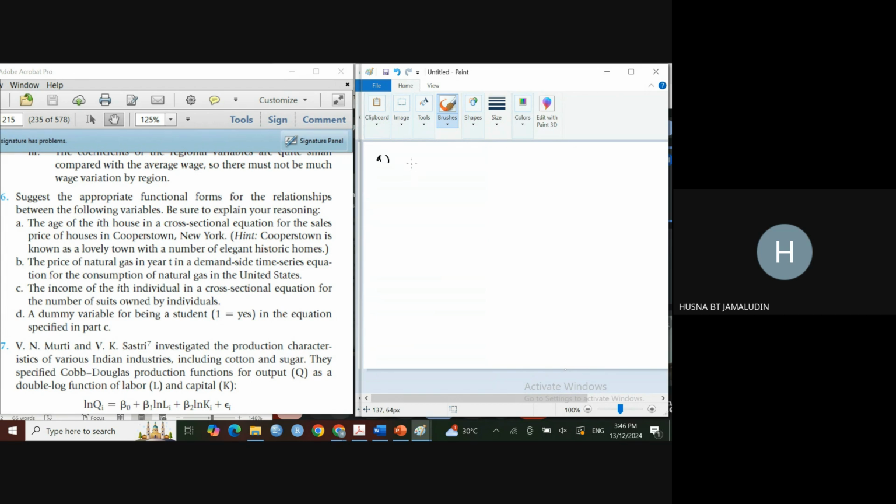So you want to look at the impacts of age on the sale price of the house. This is the sales price, and this is the age of the house. What do you think the impacts of age on the price? Basically, instead of sales, just look at the price of the house.